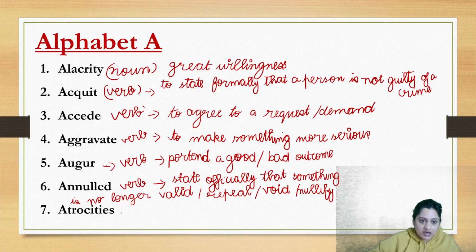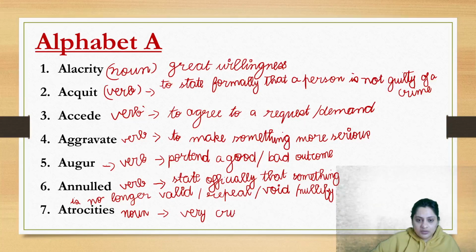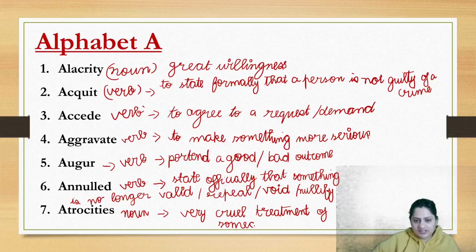So this is a noun word meaning very cruel treatment of someone is atrocities, right? अति क्रूर व्यवहार किसी के साथ, ठीक है? So both sides were accused of committing atrocities during the war, ठीक है? Very cruel treatment. Guys, I hope you'll remember.